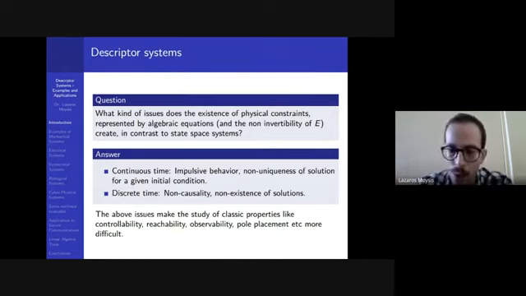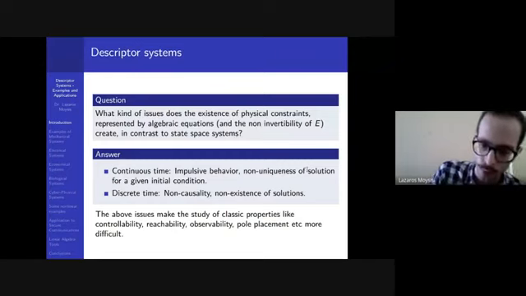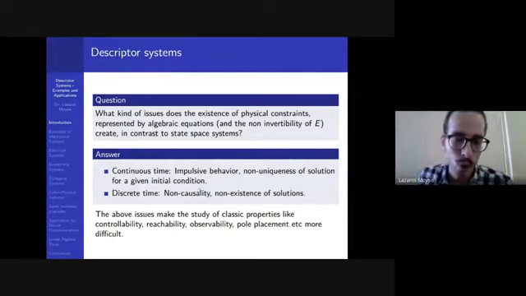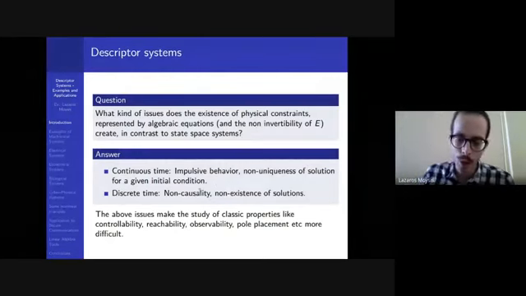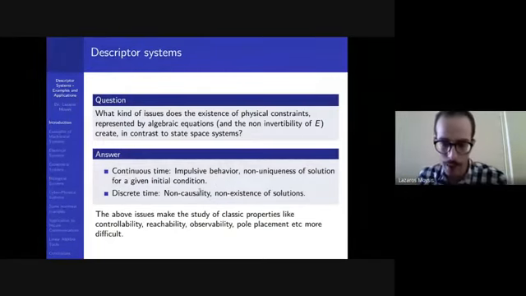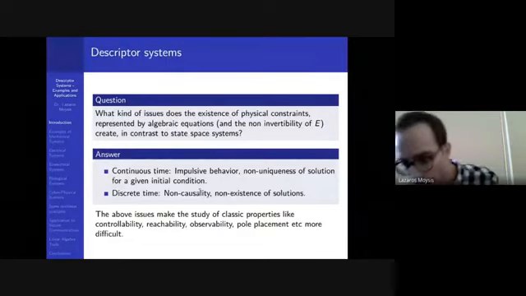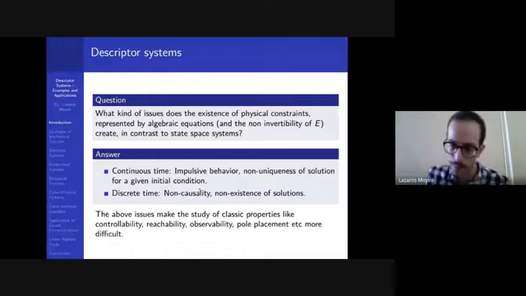We have the problem of non-uniqueness of solution. We can have different initial conditions, but they give rise to the same solution. In discrete time, we may have non-causality. We may have a formulation that depends on past states, but also on future states, which doesn't make much sense, but it can also appear.